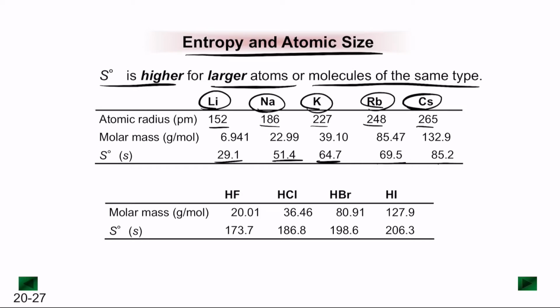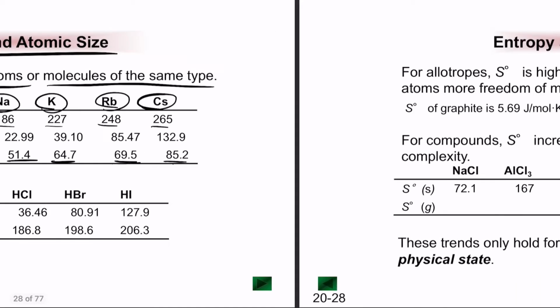The main reason is that the larger the atom, the more freedom it has, causing more microstates, resulting in a higher entropy. So molecules of the same type generally will have a higher entropy for larger atoms.